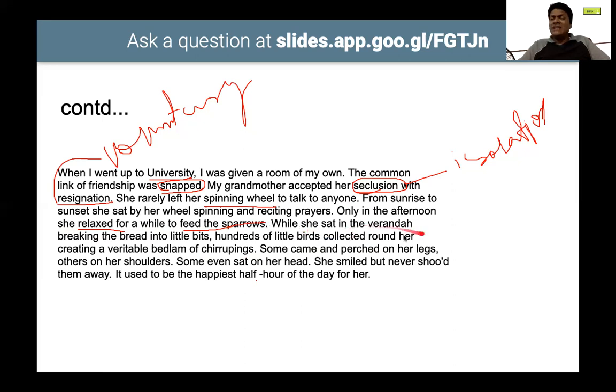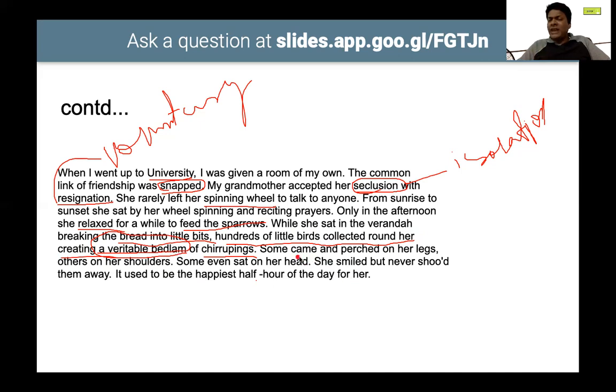While giving food to the sparrows, she was finding herself comfortable. While she sat in the veranda, breaking bread into little bits, hundreds of little birds collected round her, creating a veritable bedlam. Creating a veritable bedlam means a variety of sounds, noise, the noise of chirping coming out from the birds.